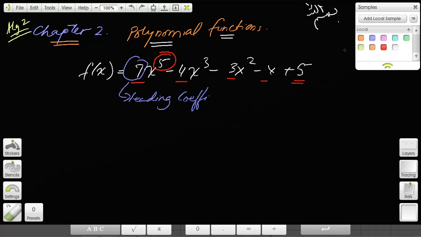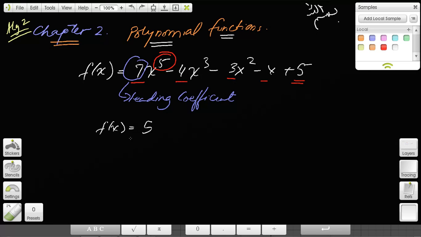Now, if you understand this, then look, a function like f of x is equal to 5. This is y is equal to 5. This is a horizontal line. This is technically a polynomial, right? A polynomial of 0 degrees, so to speak.